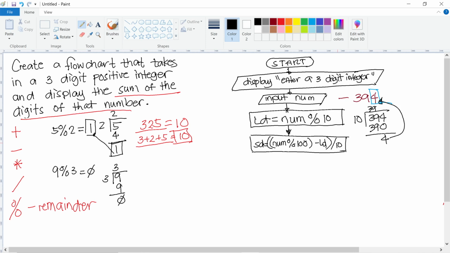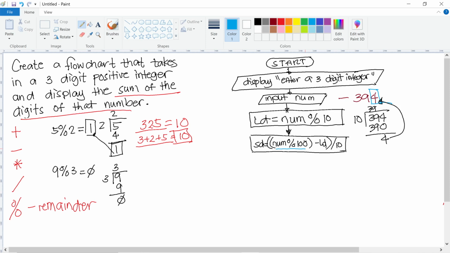So why do we have this kind of operation? To explain this, we first do num modulo 100.